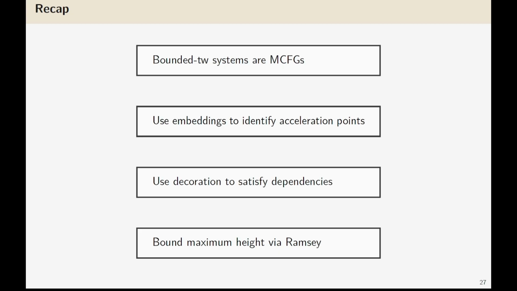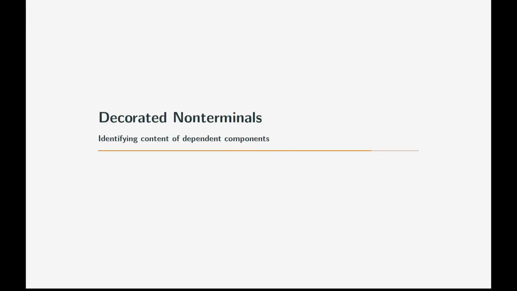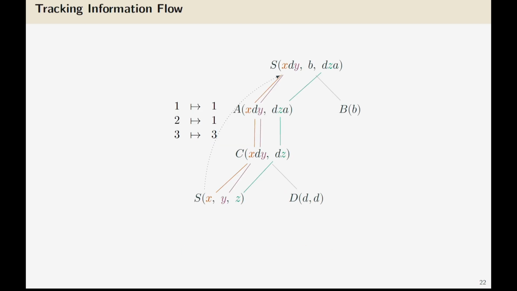So does the tree width appear as some parameter of the multiple context-free grammar? Yes. It's not a one-to-one correspondence, but it roughly corresponds to the number of registers in the grammar. Would that be, for example, the maximum arity of any non-terminal?